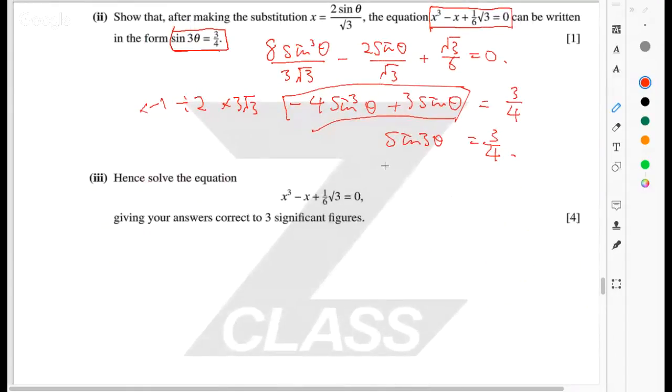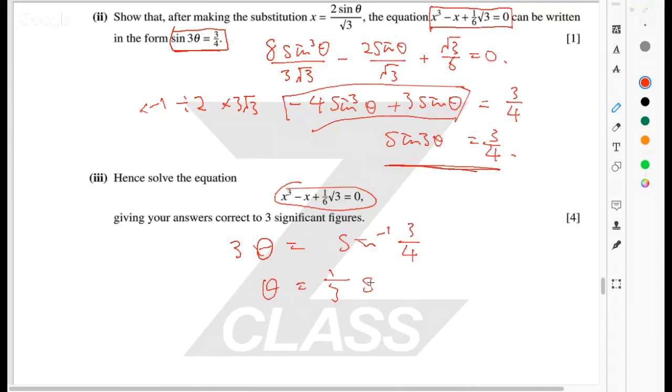And because of this identity, we can solve this. So 3 theta is equal to the inverse sine of 3 over 4. So theta is 1 over 3 times sine inverse of 3 over 4.